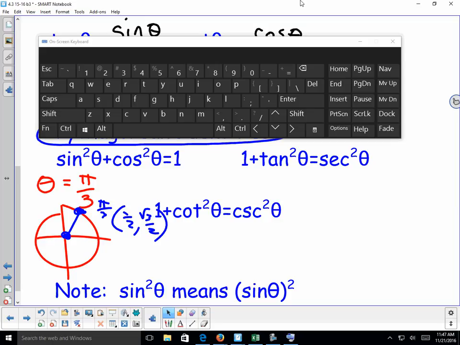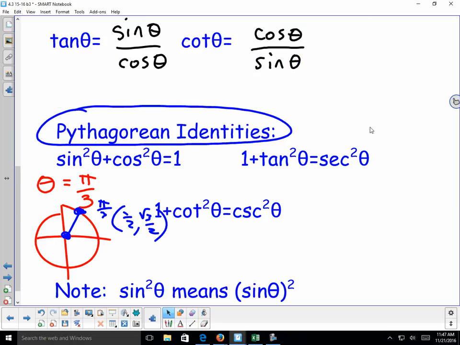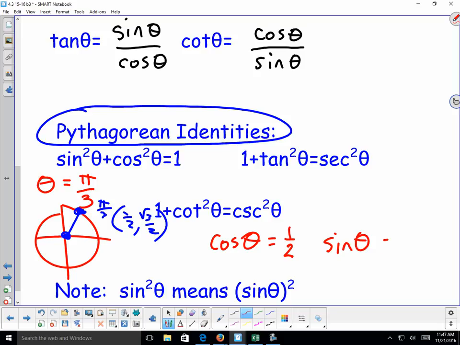So if I wanted to test this Pythagorean identity, my cosine of theta is equal to the x, that's the 1/2, and my sine of theta is equal to square root of 3 over 2, correct?